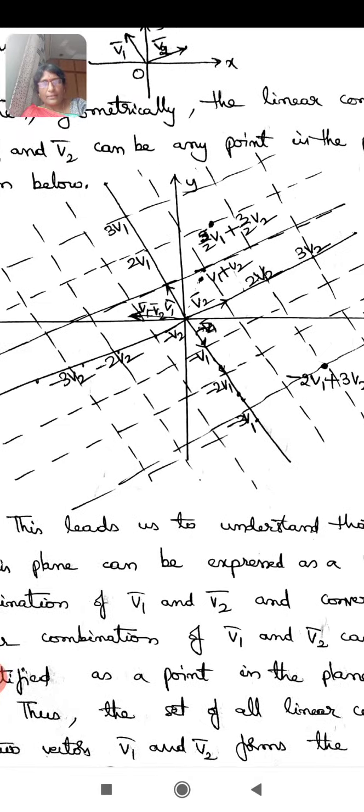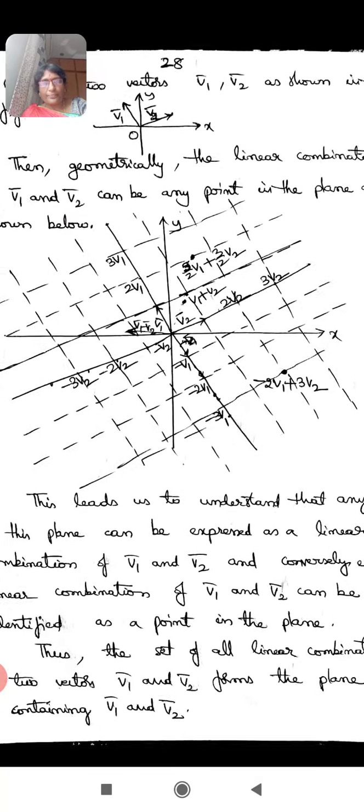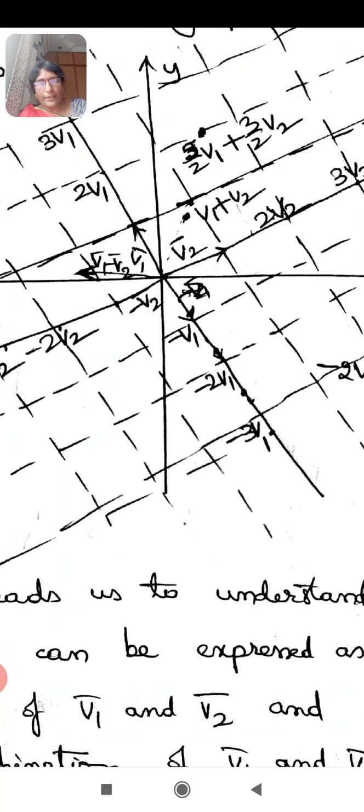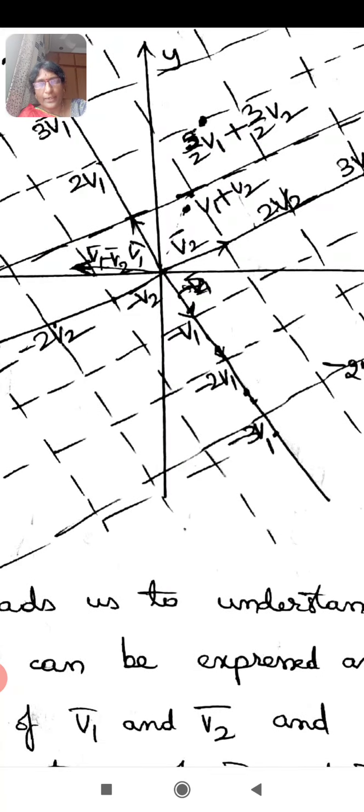In the second figure I have shown some parallel lines intersecting each other at many points, and how we can interpret this geometric figure as linear combinations. Let us see.